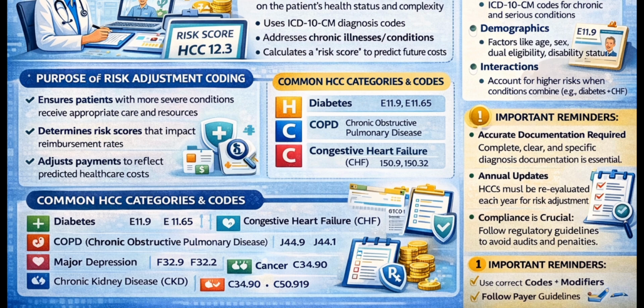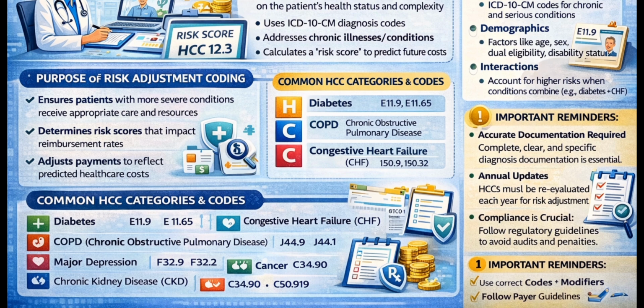Complete, clear and specific diagnosis documentation is essential. Next is the annual update: HCCs must be re-evaluated each year for risk adjustment. Compliance is crucial: follow regulatory guidelines to avoid audits and penalties.